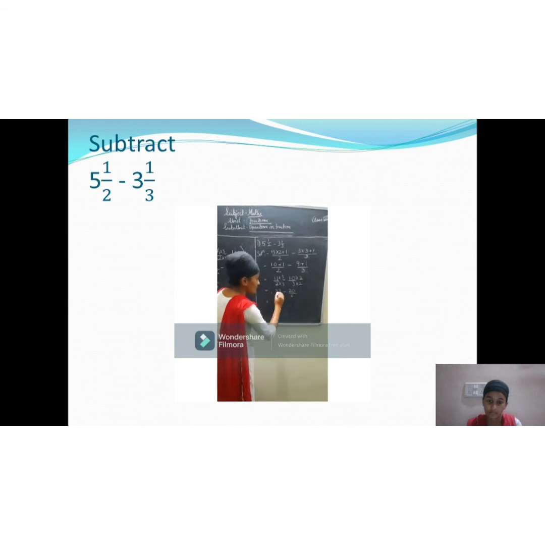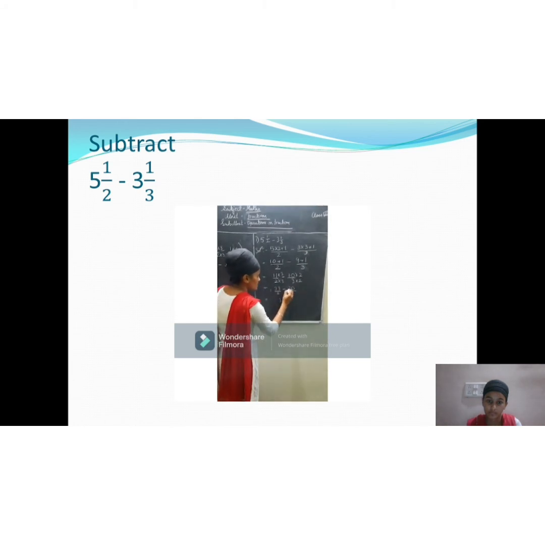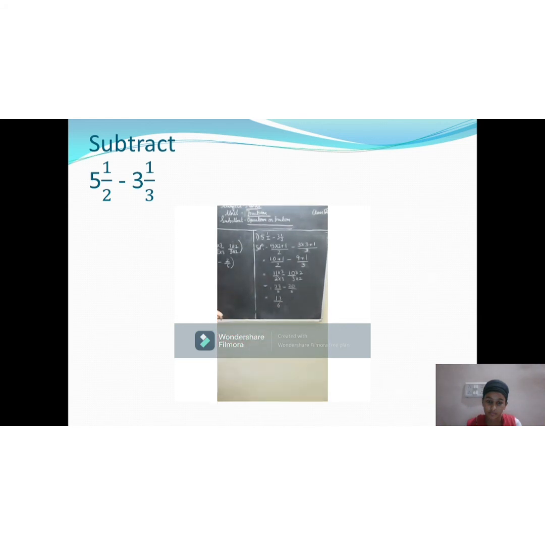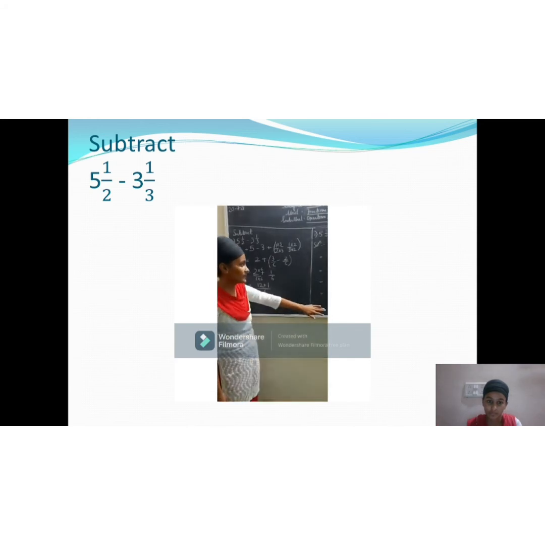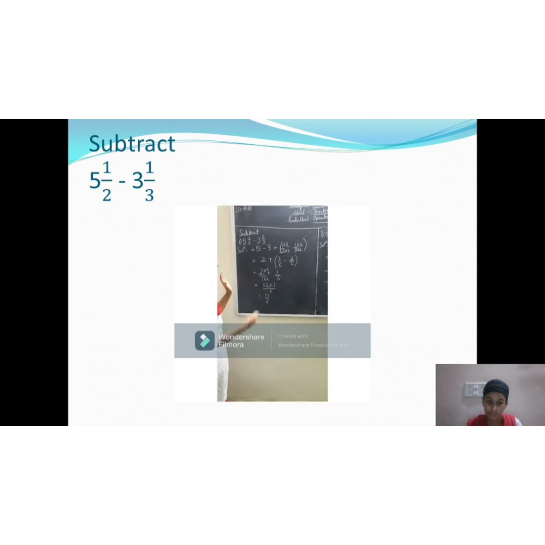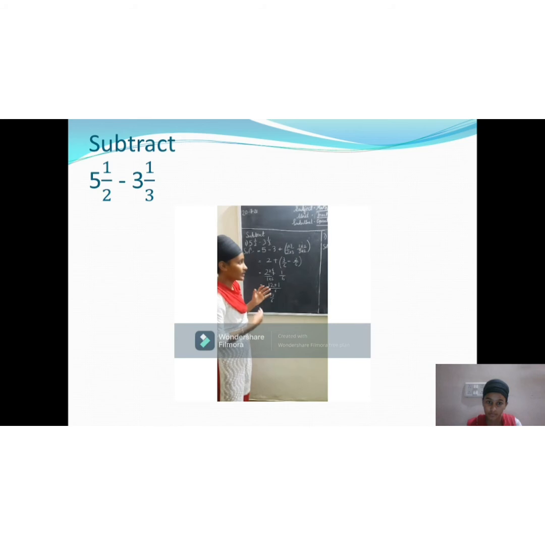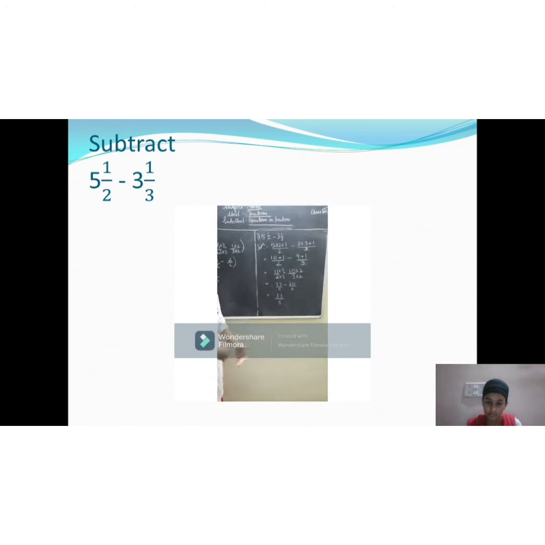Now 33 minus 20 is how much? 3 minus 0 is 3, 3 minus 2 is 1 and 6 will remain as it is. So if you see, the answer is the same. So you can solve by any of the methods. The first method was where you were taking the whole numbers first. Here you are converting it directly.